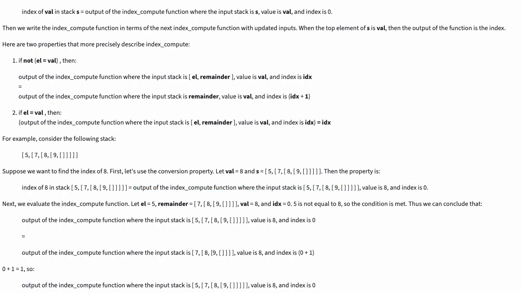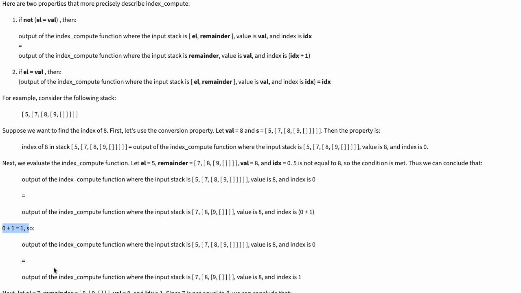Next, we evaluate the index compute function. Let L be 5, remainder be the stack 7, 8, 9, val be 8, and IDX be 0. 5 is not equal to 8, so the condition is met. Thus, we can conclude that the output of the index compute function, where the input stack is 5, 7, 8, 9, value is 8, and index is 0, is equal to the output where the input stack is 7, 8, 9, value is 8, and index is 0 plus 1. 0 plus 1 equals 1.